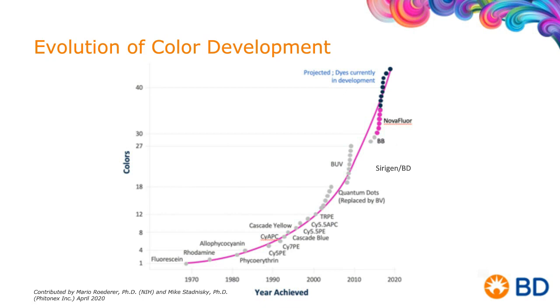So it's not always that we need a new instrument to use these. And it's always easy to have an instrument that may have 30, 40 different colors and detectors on there, whether it's spectral or conventional flow. What is important is to try to define what are the best colors to use, and for many of our flow cytometers, we just need to refilter them in some cases and take out some of those older filters, because many of these new ones are replacing the old colors.